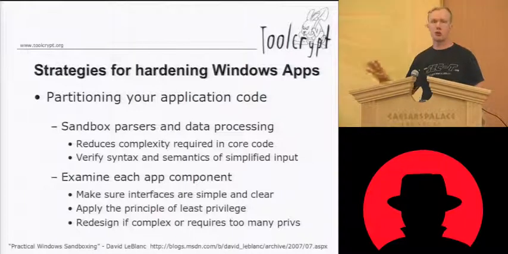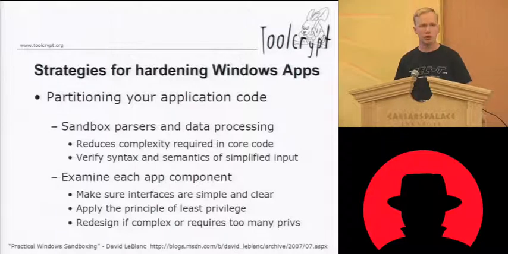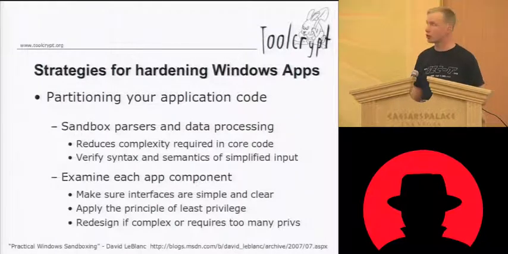If these components don't need access to system resources, then that code doesn't have to run as a standard user. And if these components are too complex or require too many privileges, you should look at refactoring them and making the interfaces cleaner and simpler, to make it easier to understand the implications and do threat modeling.